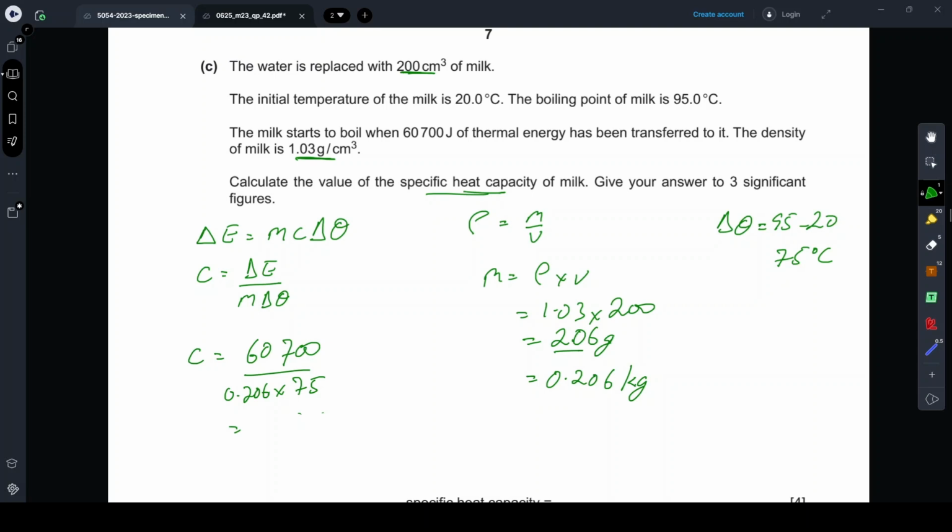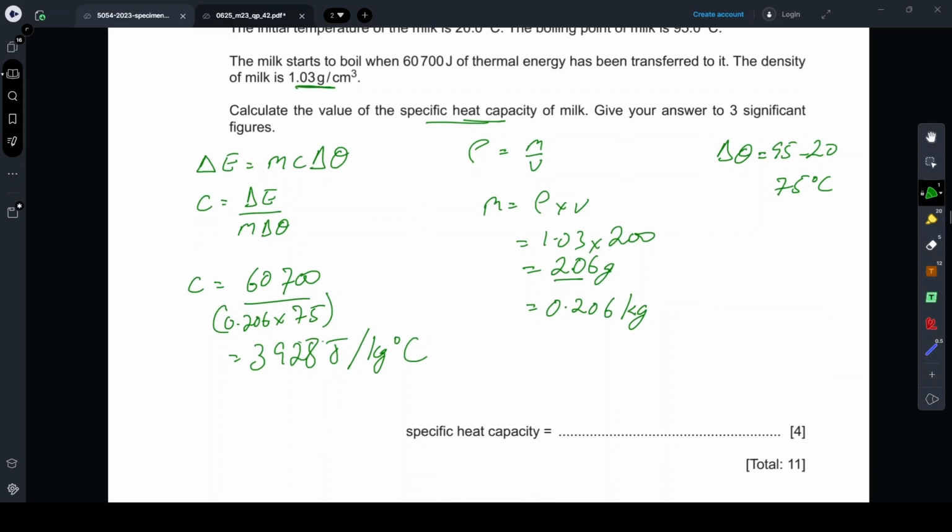Why is it going all haywire? 0.206. What is it going to give you? 3,928. Yeah, the earlier answer, which I said. And now it will be joules per kilogram degree centigrade.